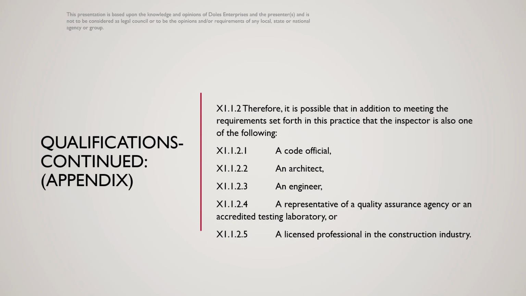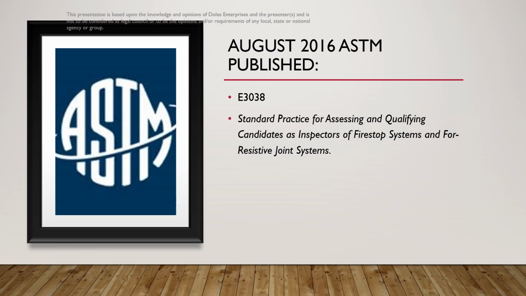In that section, we see that they suggest that the inspector be one of the following: a code official, an architect, an engineer, a representative of a quality assurance agency or an accredited testing laboratory, or a licensed professional in the construction industry. Additionally, in August of 2016, ASTM published E3038, Standard Practice for Assessing and Qualifying Candidates as Inspectors of Firestop Systems and Fire-Resistive Joint Systems.